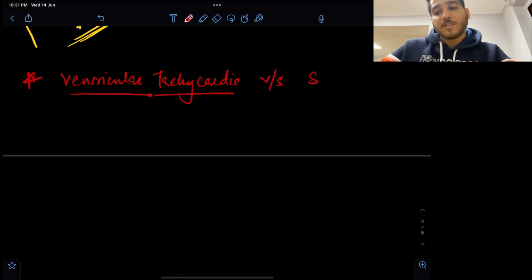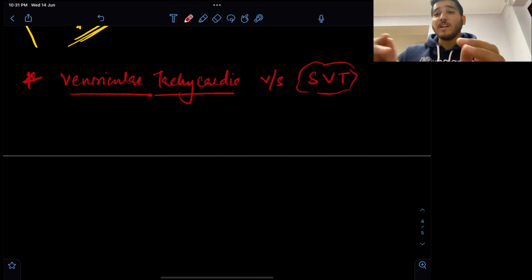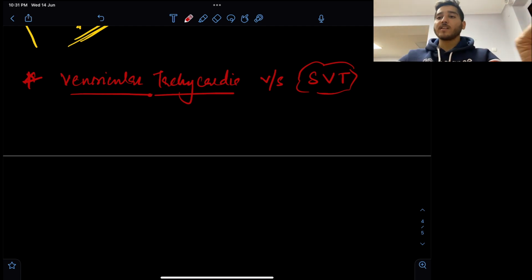This is supraventricular tachycardia. To differentiate between ventricular tachycardia and supraventricular tachycardia, you just have to see one thing, that is the QRS length.